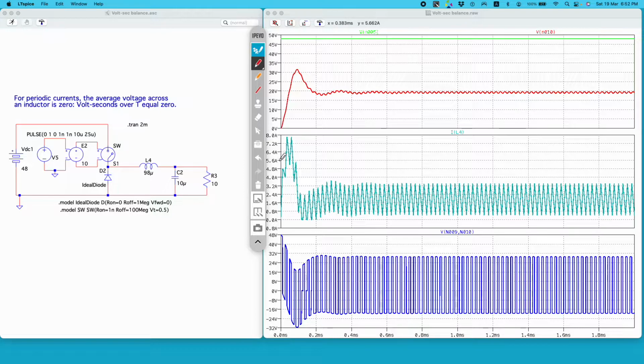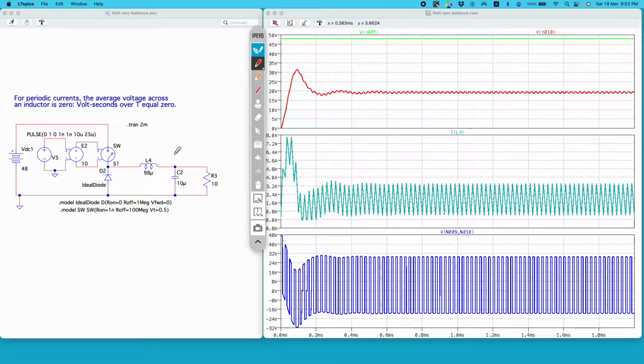And that's one of the design considerations when you are designing any DC to DC or switch mode power supply: you make sure that your transient period does not last very long, right? Your circuit should reach a steady state as fast as possible, and you should consider the peak value of current during the transient interval.